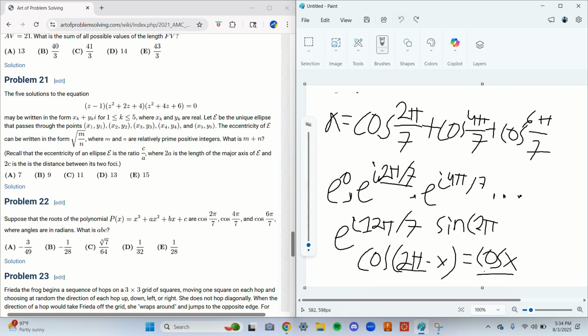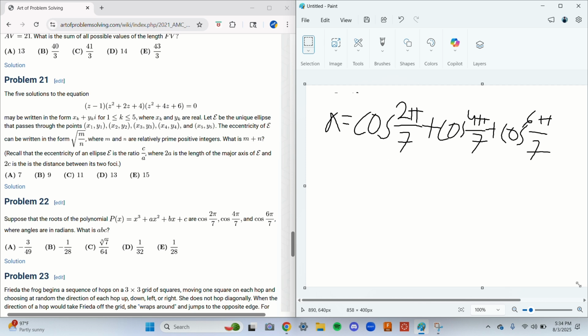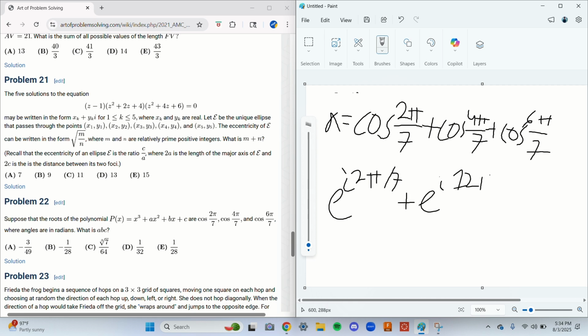So basically, the sum of e to the power of i times 2 pi over 7, let me just write it so it's more clear. So e to the power of i times 2 pi over 7 plus e to the power of i times 12 pi over 7. Again, this is 2 pi minus 2 pi over 7, and this is just 2 pi over 7. So cosine stays the same, so we have 2 cosine 2 pi over 7. And then by Euler's formula, we'll have a sine of 2 pi over 7 times i, but we'll also subtract that off.